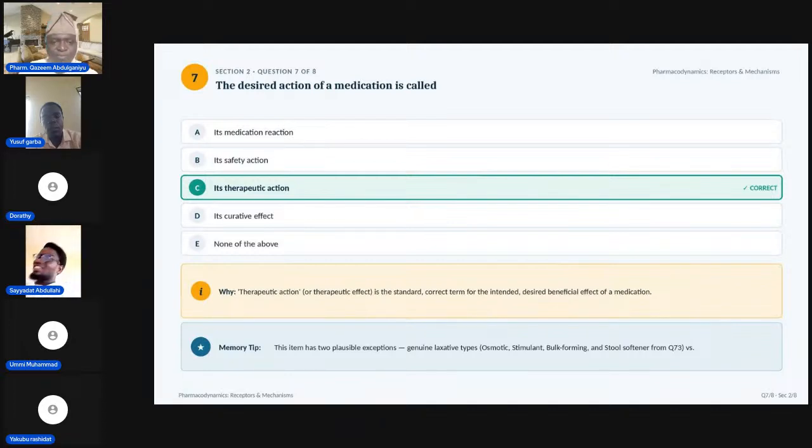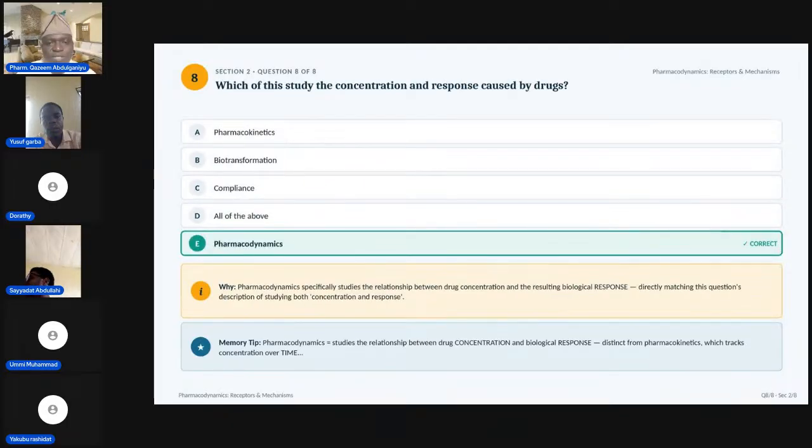So the next question is, which of these study the concentration and response caused by drugs? Concentration and response caused by drugs. So it studies the relation between drug concentration and the resulting biological response.